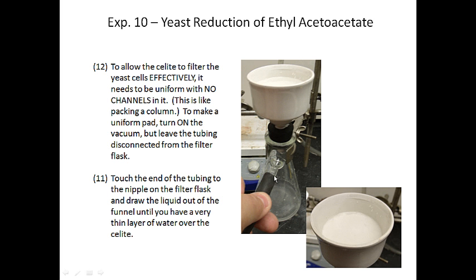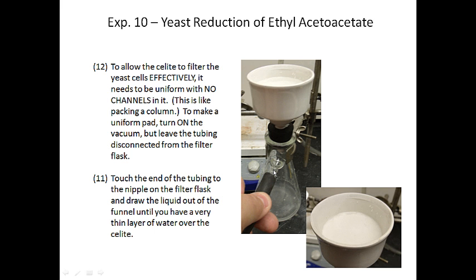So you want to touch it and release, touch it and release, until you've removed most of the water and left a very thin layer of water over your Celite pad. The most effective way to do this is simply to have the vacuum on the tubing and just touch it and remove it, touch it and remove it.